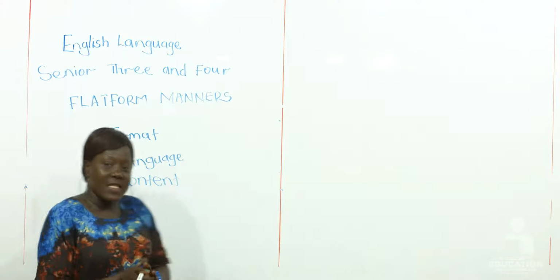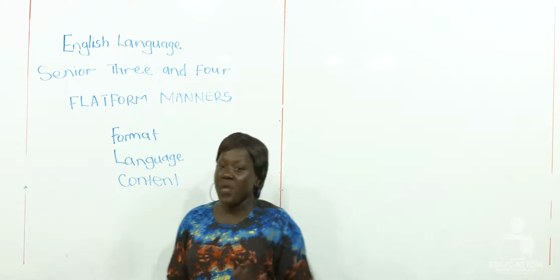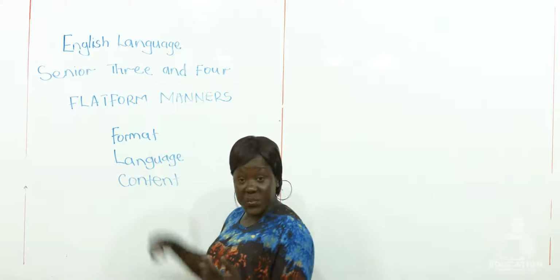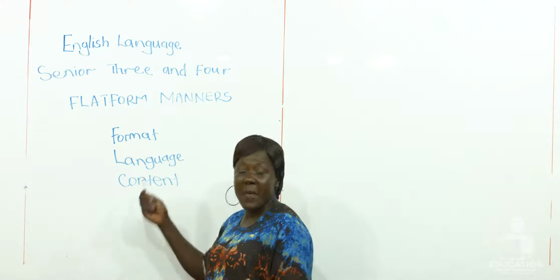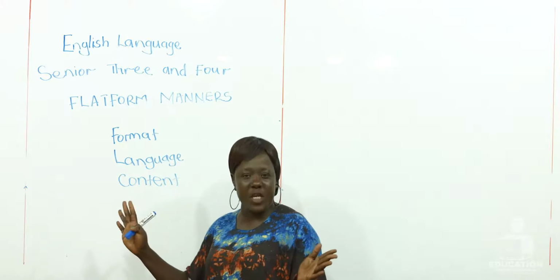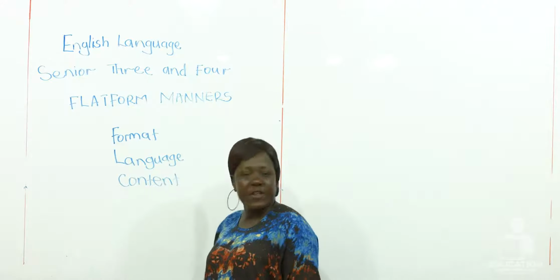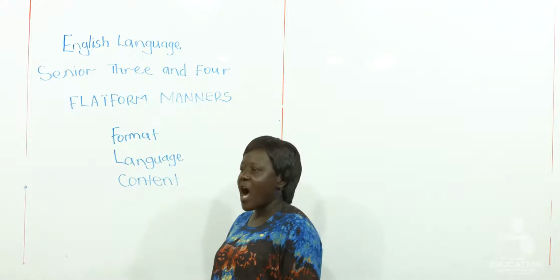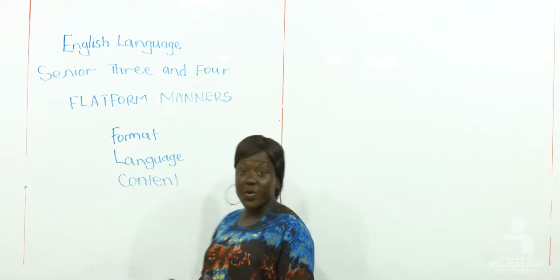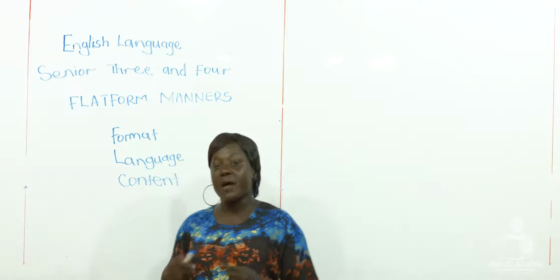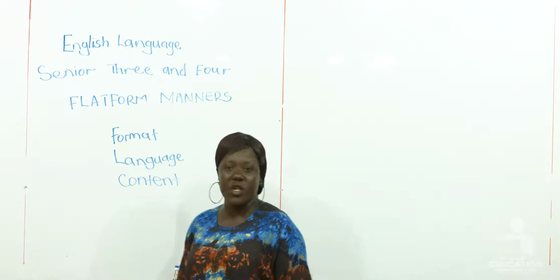Remember, my dear learners, previously I showed you how the format of a speech looks like, and we said that format is just the structure of the speech. I taught you everything about the format, what the speech must have. For instance, I taught you how to develop the title, how to write protocol, observing the protocol or the members who are invited in that particular function.